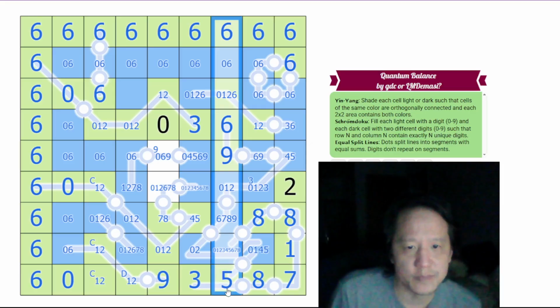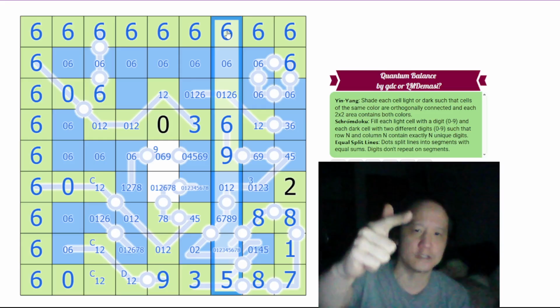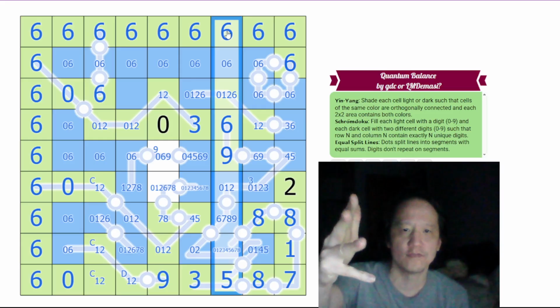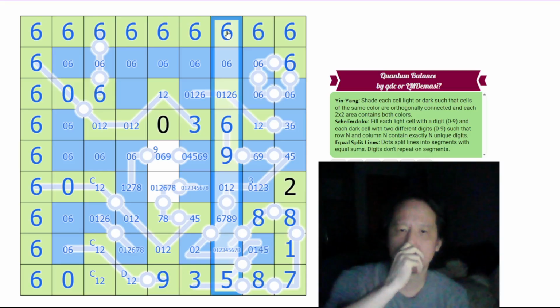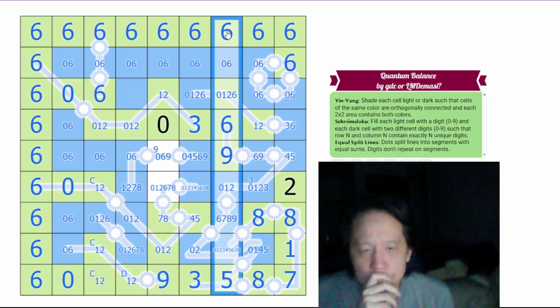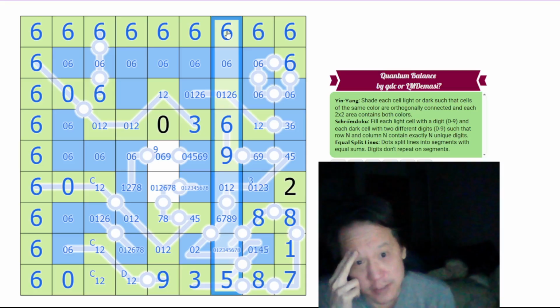Okay, column 7. We are missing, we have a guaranteed 0, 6, 9, and 5. Oh man, this is so complicated.